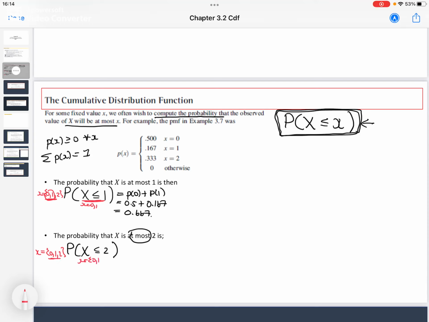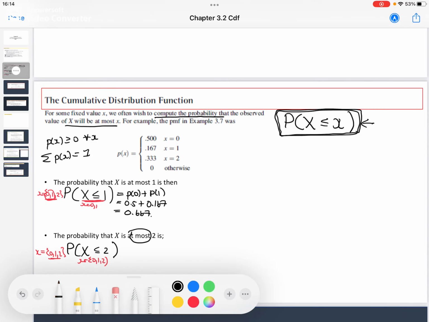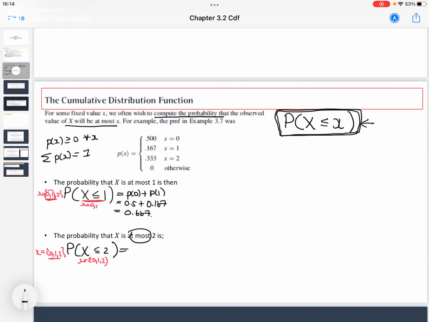We see that it's all values: X equal to 0, 1, and 2. And so the probability is equal to P(0) plus P(1) plus P(2), which is 0.5 plus 0.167 plus 0.333. If you add them all up, it gives a total probability of 1.